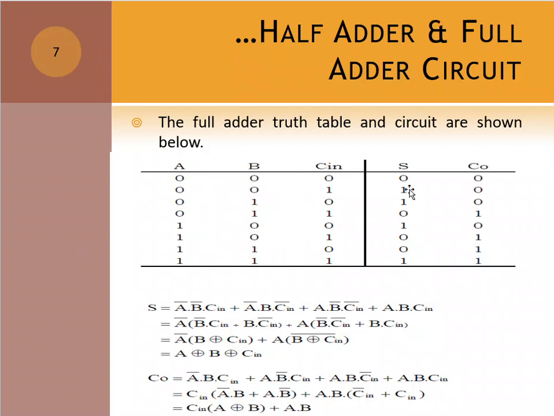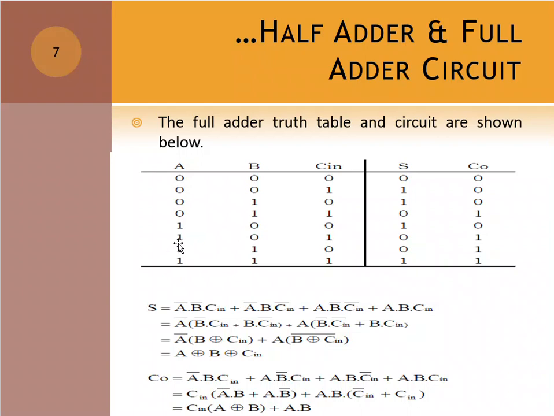Then 0 plus 0 plus 0, of course you will have sum 0, C out 0, nothing carried forward. 0 plus 0 plus 1, the sum is 1, C out also 0. 0 plus 1 plus C in 0 also gives 1, C out 0. 0 plus 1 plus C in 1 equals 2, so the sum will be 0, and C out will be carried to the next bit on your left.